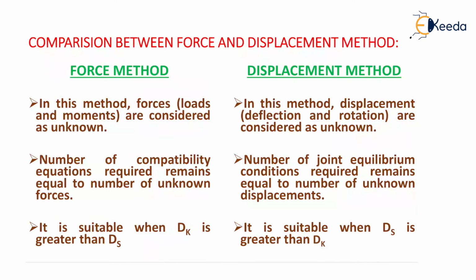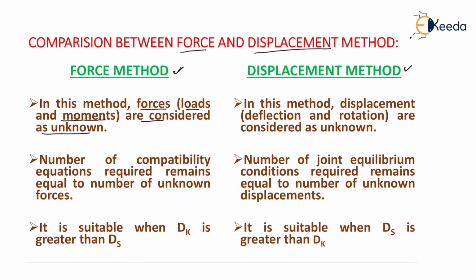Okay students, now we will see the comparison between force and displacement method. What do you mean by force method and what do you mean by displacement method? Here is the comparison. In force method, forces, that is loads or moments, are considered as unknown. It means that in force method the basic unknowns are loads or moments.